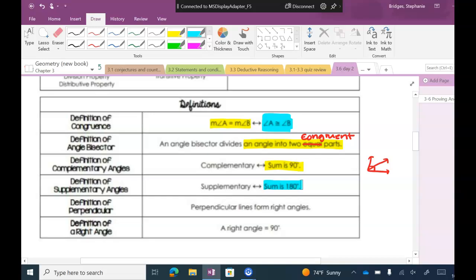The definition of perpendicular, if I were to tell you that 2 lines were perpendicular, you would then be able to tell me about some right angles. Okay, you would be able to name some right angles from that.